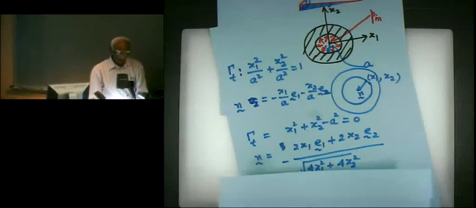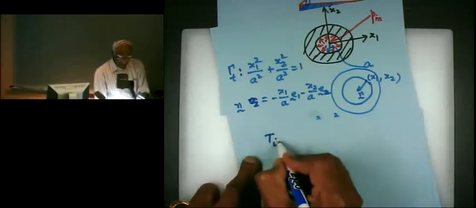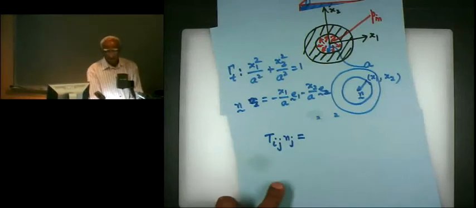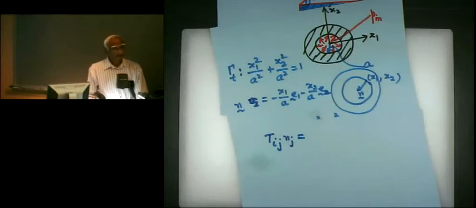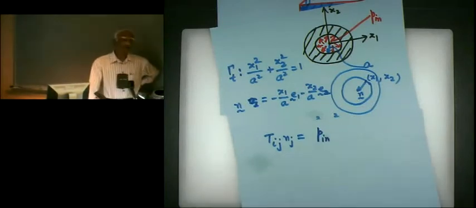So what is then the boundary condition? The boundary condition is Tij nj equal, now what is Fi for this situation? P_in is pressure, that is force per unit area. P_in is pressure, force per unit area. Along which direction is the pressure pointing?